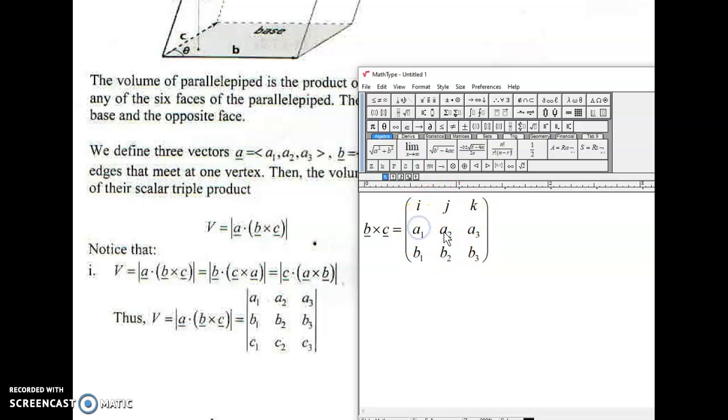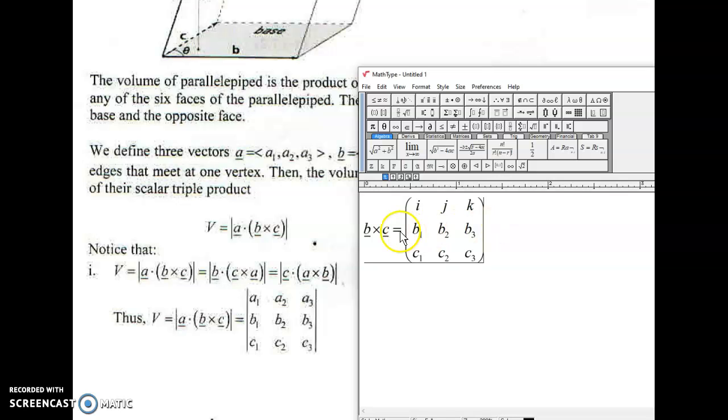We arrange it in the form of a 3x3 matrix, where you have i, j, k, the components of i, j, k at the first row, then the components of the first vector B in the second row, and then the components of C in the third row, and then we calculate it using the cofactor method. At the end, we are going to have a new vector that consists of i, j, and k.